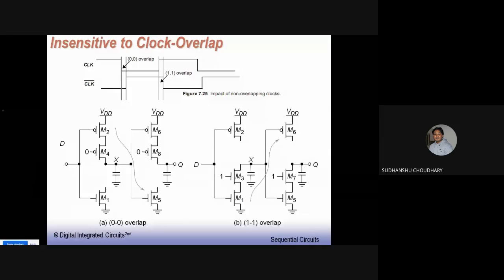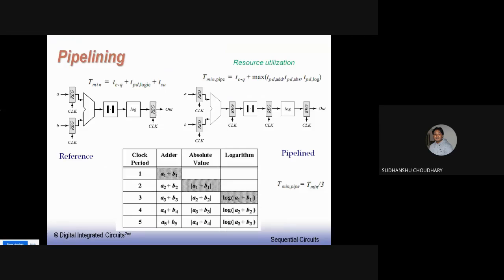Then we also saw this circuit, which was C square MOS, which is insensitive to clock overlap. So it also has two clock requirement, that is clock and clock bar, but it is insensitive to clock overlap. Now let us talk about this pipelining.